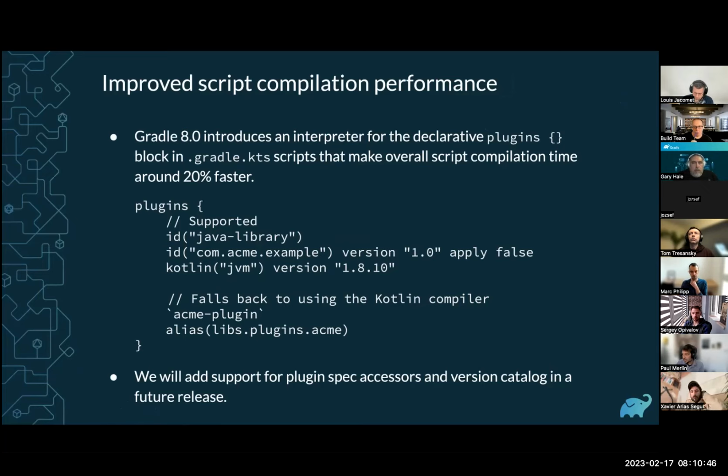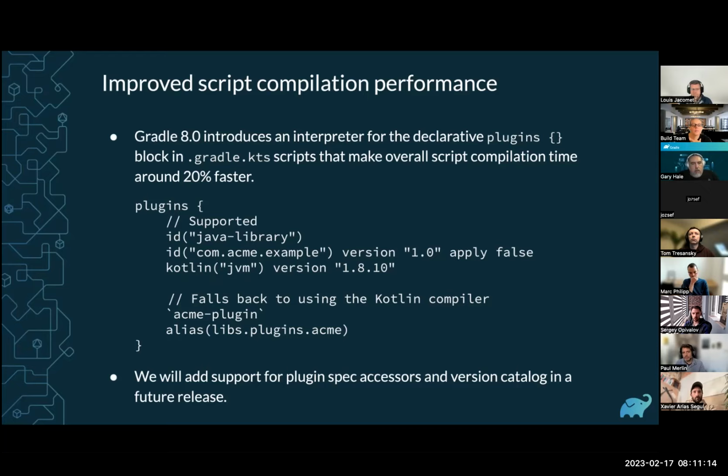And it provides an overall script compilation time improvement of 20%. In this release, it supports a part of the constrained syntax of the plugins block, and that's simple plugin requests with just an ID, or an ID and a version and/or apply false, and the Kotlin shortcut.